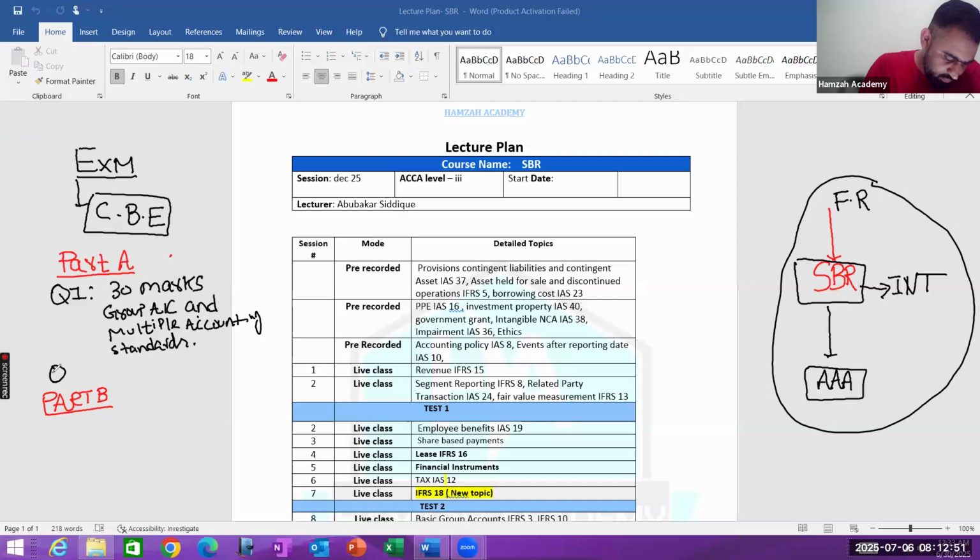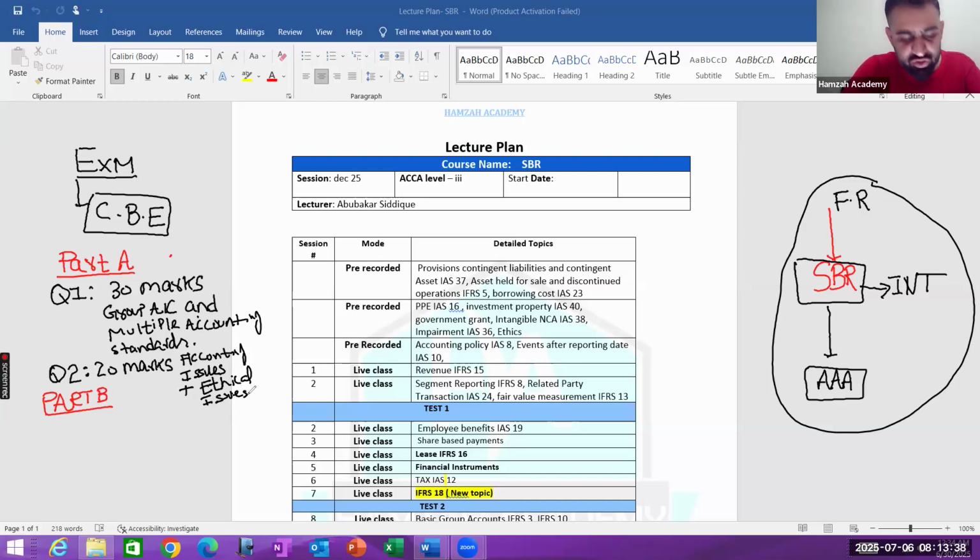Then we have question number two in part A. This question two will consist of 20 marks, and in these 20 marks, they will test us with various accounting standards, accounting issues, plus ethical issues.